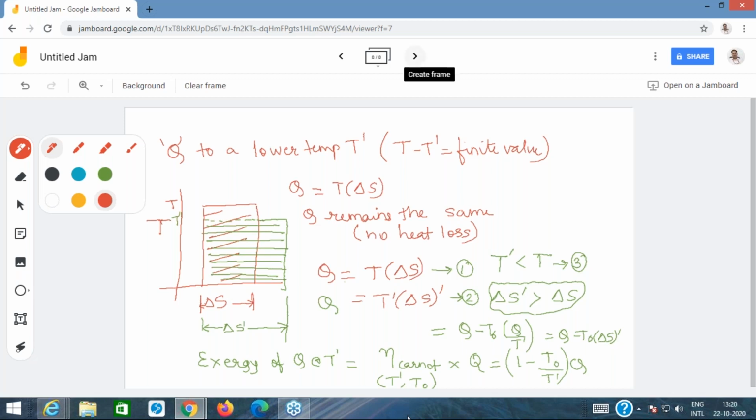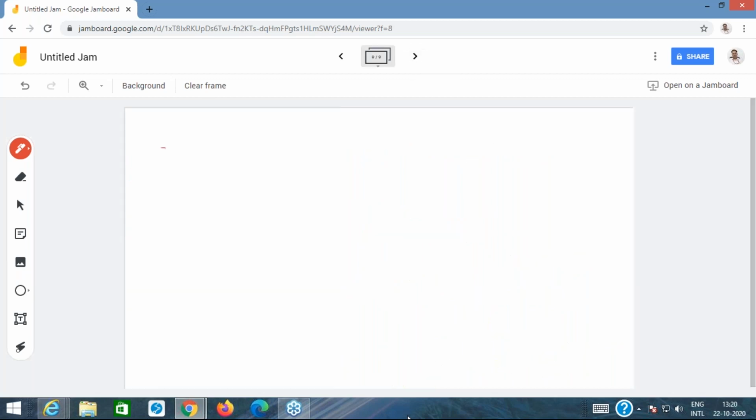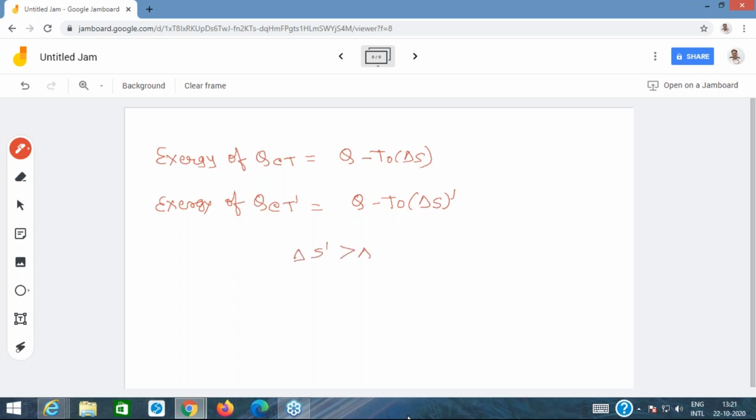If you compare the exergy value, the exergy of heat when it is available at T is Q minus T naught delta S. And when this heat is transferred through a finite temperature difference and reaches a temperature T dash, that exergy value is Q minus T naught delta S dash. And you have figured out that delta S dash is greater than delta S.